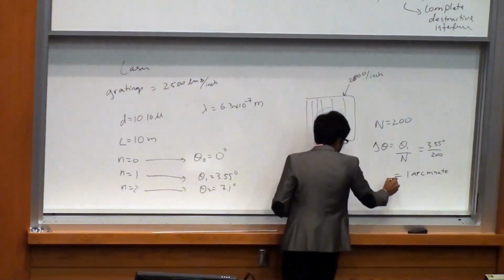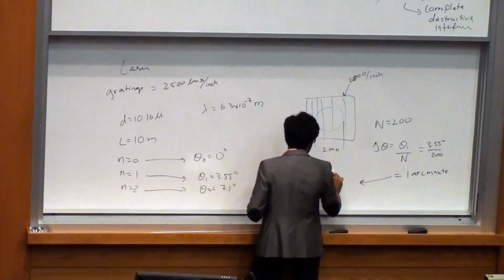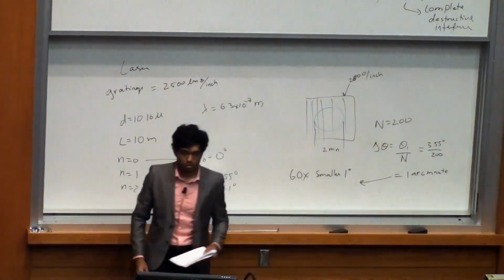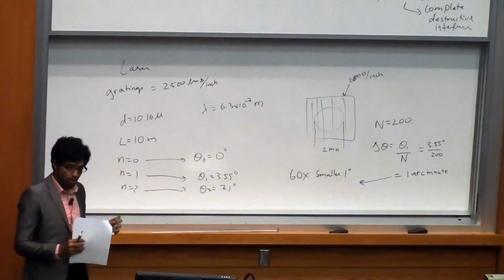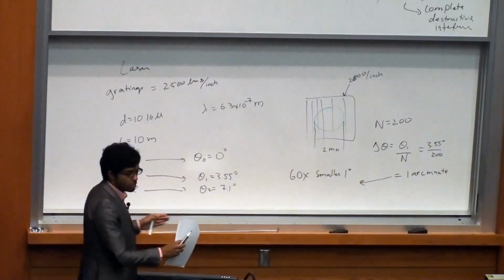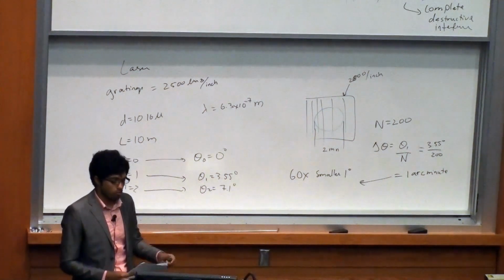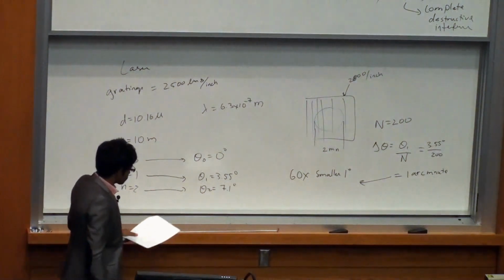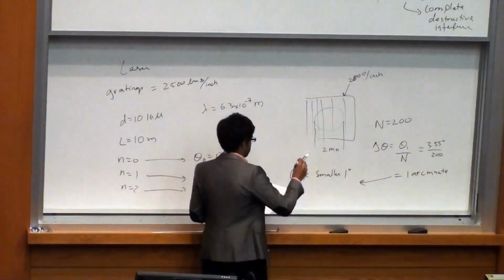This 1 arc minute is 60 times smaller than 1 degree. That's what I call an arc minute. So it's a really, really narrow peak. But then again, in this regime, everything becomes relative. We can actually even deal with arc seconds, and we'll get to that in a minute. So that's my delta theta.